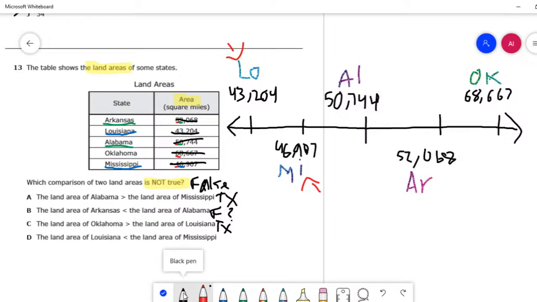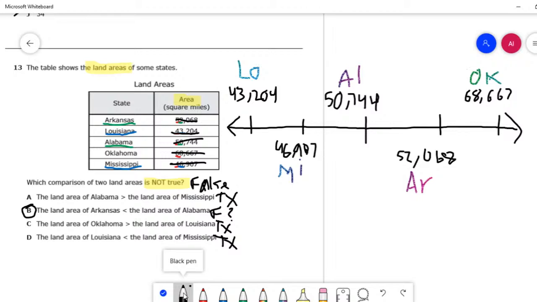And the answer choice is also telling us that the land area of Louisiana is less than the land area of Mississippi. And because of that, this is true, making it wrong. And let me just go back and erase the arrows. We've gone through all our answer choices, and we now know that answer choice B is our correct answer, because that's the only one that is false.